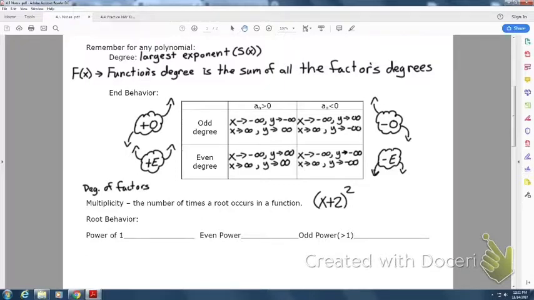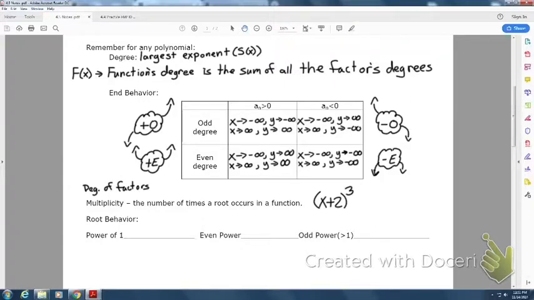Alright, so if you had that and you're asked to write it in standard form, which you've been asked to do before, you would just expand it out. Okay, if that was to the power of 3, it has a multiplicity of 3. It's occurring 3 times within the function, and if you had to write in standard form, you would write x plus 2 3 times and then multiply that out.